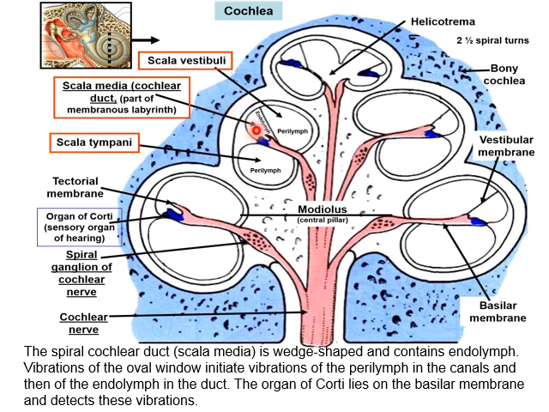Here it is. This is the cochlear duct. The cochlear duct is a part of the membranous labyrinth and it contains endolymph. It is surrounded by fluid, which is called the perilymph, on top in the scala vestibuli, and the perilymph at the bottom in the scala tympani.